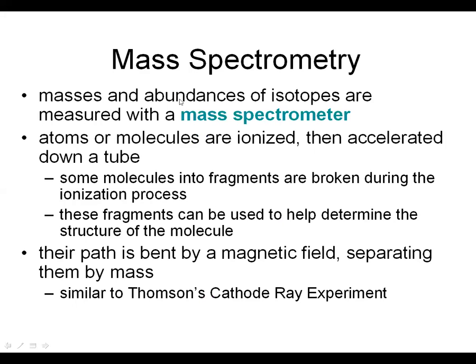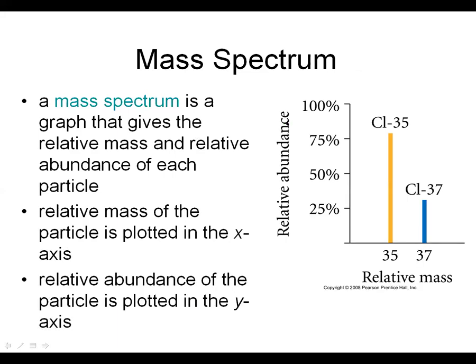And I think there's a nice little diagram of that. Basically what you'll get when you do that is this little graph here, for example. In this graph for chlorine, we have two isotopes of chlorine, chlorine 35 and chlorine 37.